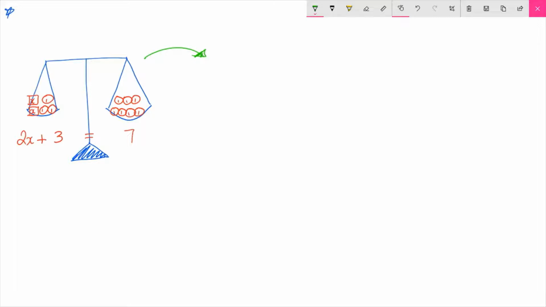So the first thing I'm going to do is take off the 3 balls from the left-hand side, because that will leave me with just the x's. That means that I have to take off 3 balls from the right-hand side. So we're going to take 3 from both sides.